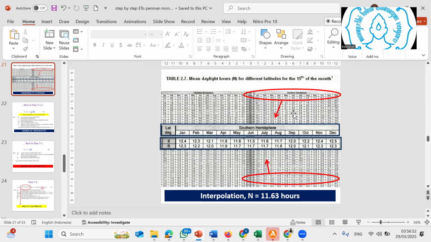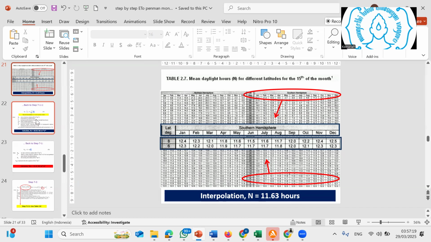The information given is southern hemisphere and then the latitude, and this is the possible maximum sunshine duration in one day. We check the southern hemisphere for July, and the latitude is 7.5, between 8 and 6. After some interpolation, we got that this N is 11.63.